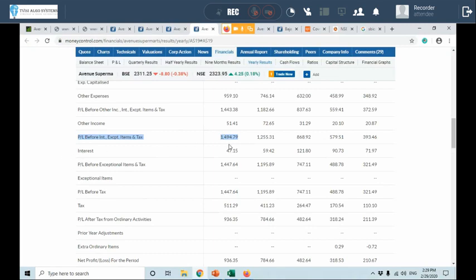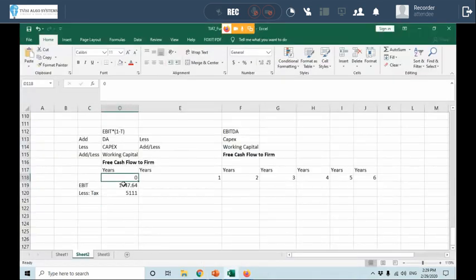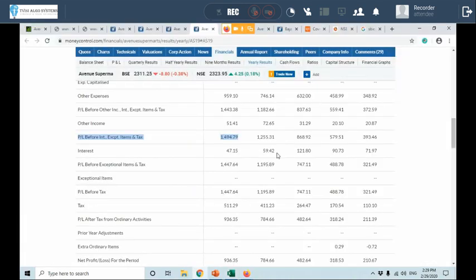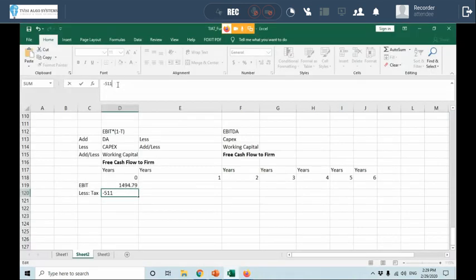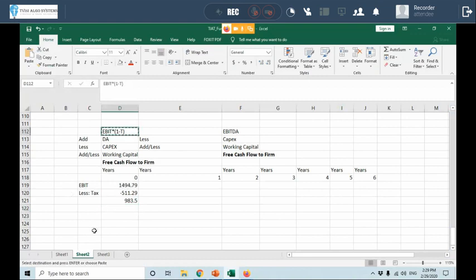We will also include interest, so 1494.79, less my tax, which is 511.29. So 1494.79 minus 511.29. Now I have got this EBIT into 1 minus tax rate. This plus this. This is the amount, EBIT into 1 minus tax rate. I am adding it.